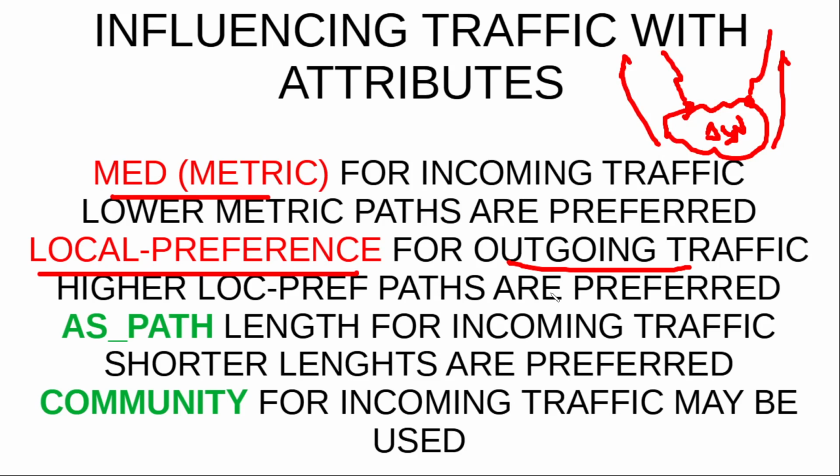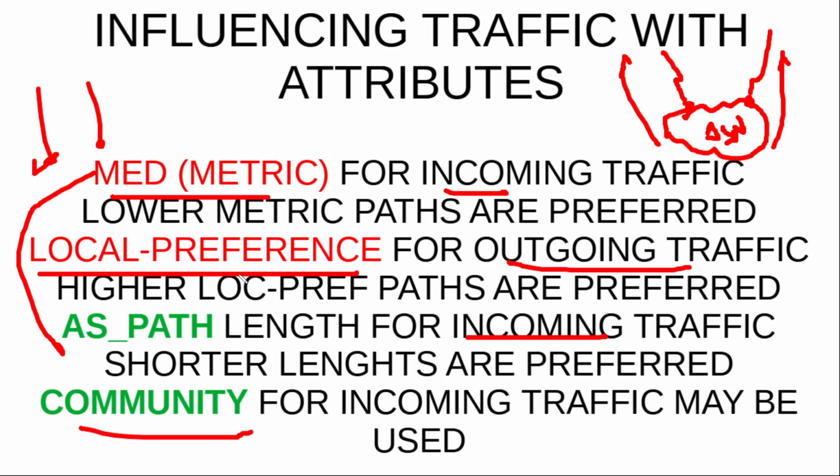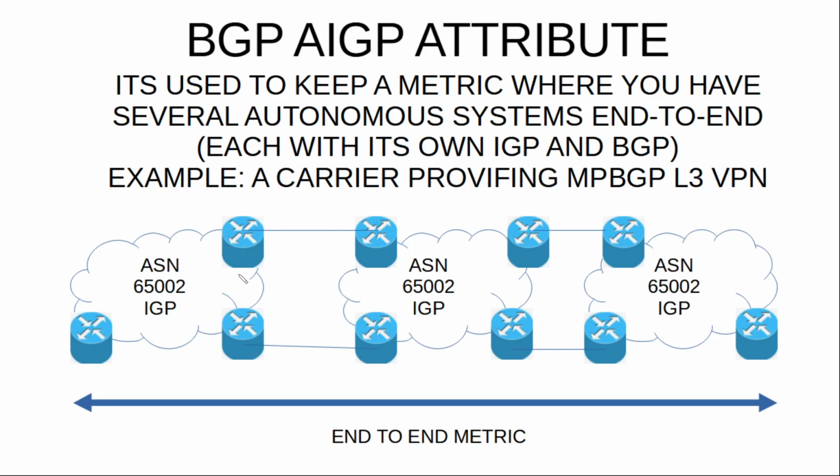The highest is preferred for local preference. And then for incoming traffic, you can use the MED or the AS path. For incoming, MED or AS path. However, you can also use communities, which we are not going to talk about here.